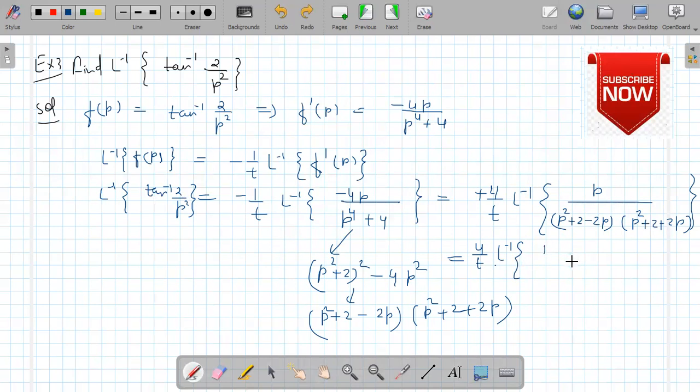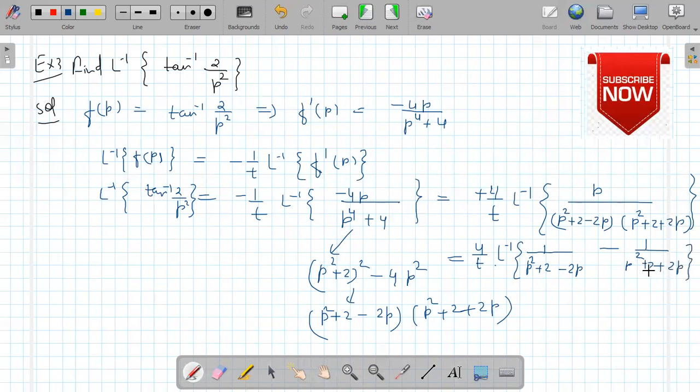So its partial fractions are 1 upon p square plus 2 minus 2p minus 1 upon p square plus 2 plus 2p.